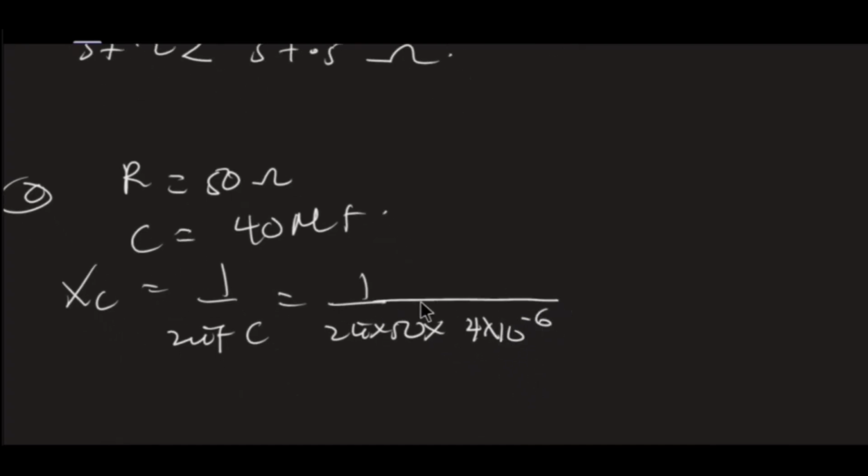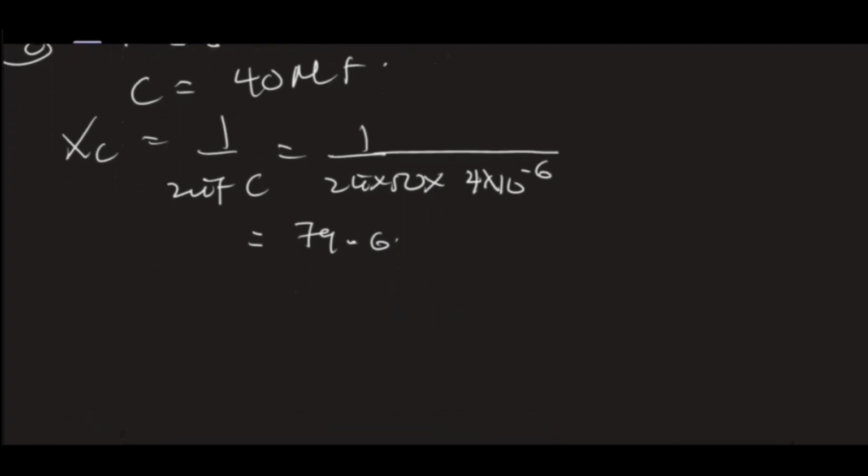All this is going to give me 79.6 after solving. So this one is simply going to give me 50 plus 79.6. Don't forget, this one is capacitive reactance and it's taking the negative of the operator. So 50 minus j79.6 ohm. So this is in the rectangular form.